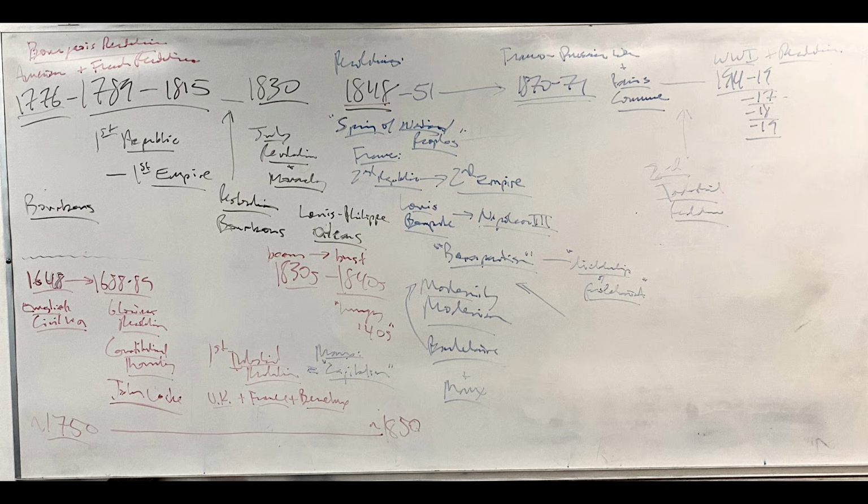The Restoration are also the Bourbons. The July Revolution brings about a constitutional monarchy in France, and that is the Orleans. So it's Louis Philippe. Louis-Philippe Orleans.